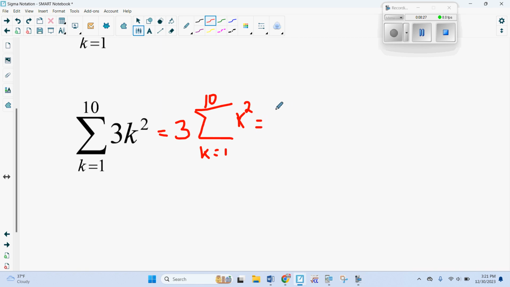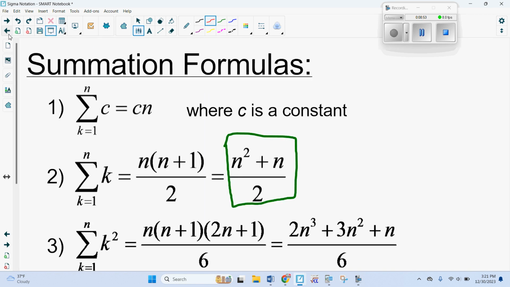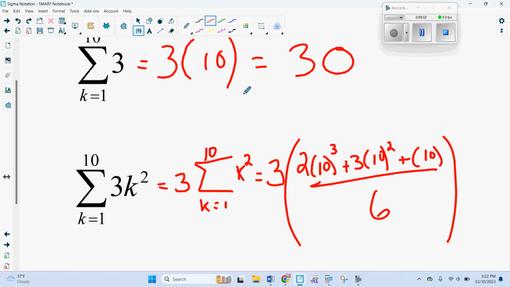Now, from the formulas we just looked at, our formula for k squared is 2n cubed plus 3n squared plus n all over 6, where my 10 is my n. That is my formula for k squared, excuse me, not k cubed. And then that is something I could plug into a calculator if I wanted to get the exact value.